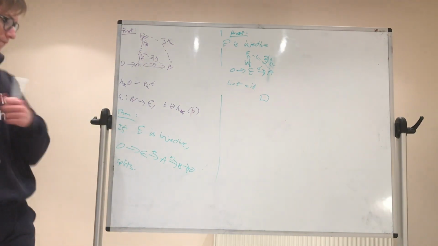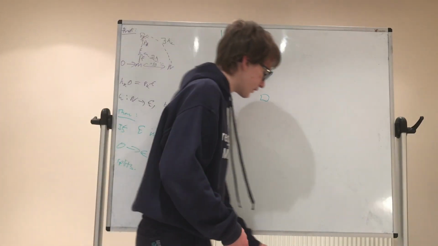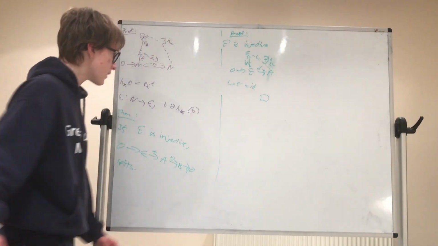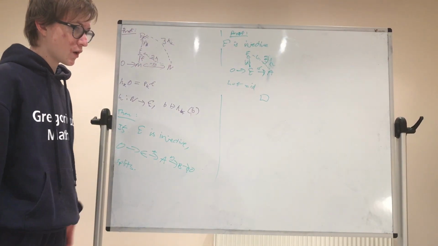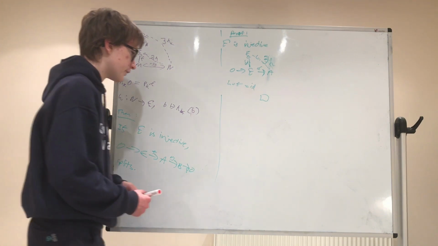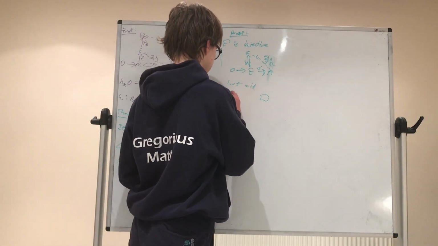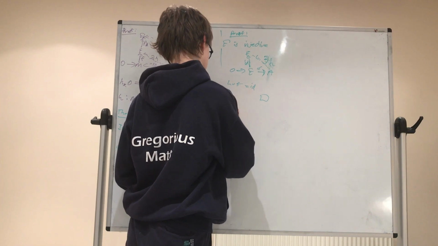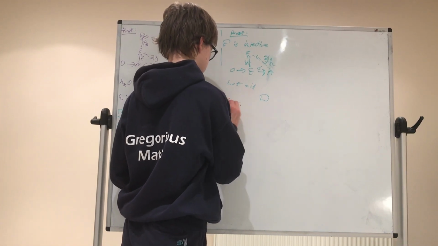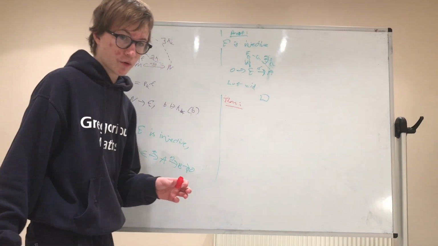Now the final thing I'm going to do is state, I think it was Baer's condition for injectivity, and it's quite a useful theorem. So not proof, theorem. What is it?